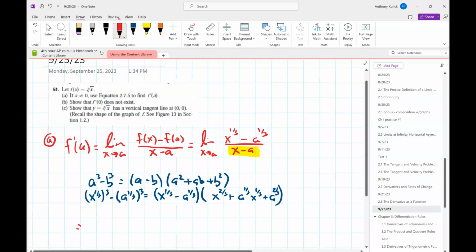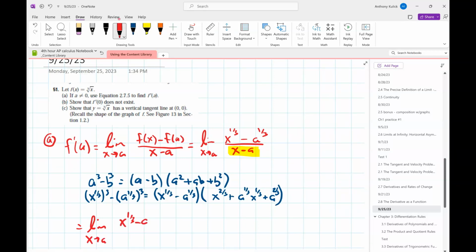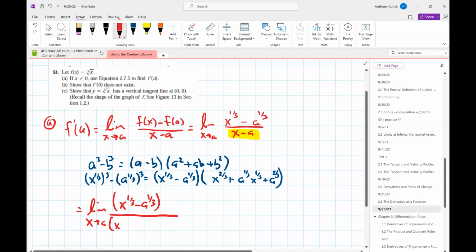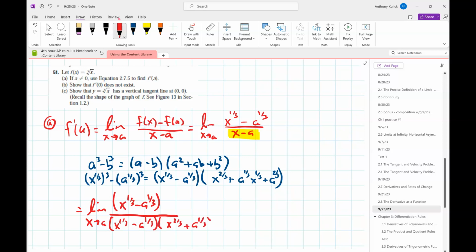That's the trick I'm going to use to make this simplification a little bit less unpleasant than it could have been. Because once I've done this factoring, the numerator cancels out with the problematic part of the denominator.